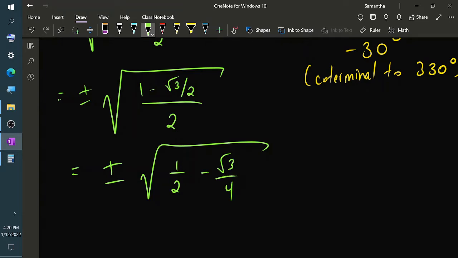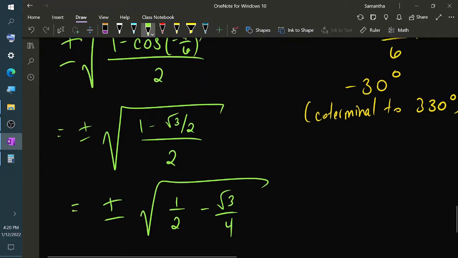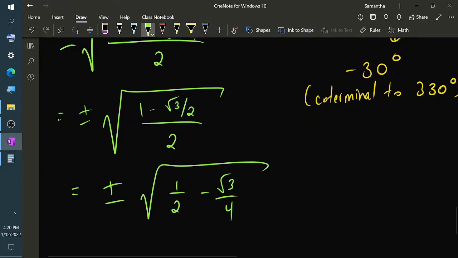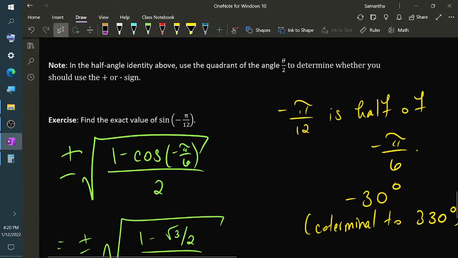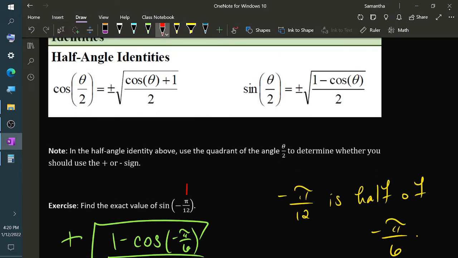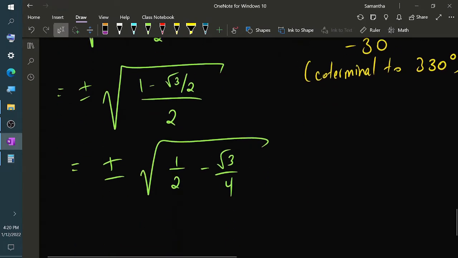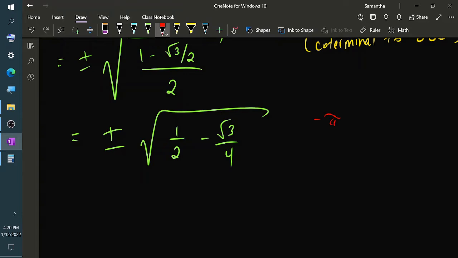Now question, is it going to be the positive square root or is it going to be the negative square root? Which one is the correct final answer here? To answer that question, let's consider the quadrant into which the given angle is pointing. Negative pi over 12, which can be converted to 15 degrees. Because it's negative, it points into quadrant number 4.